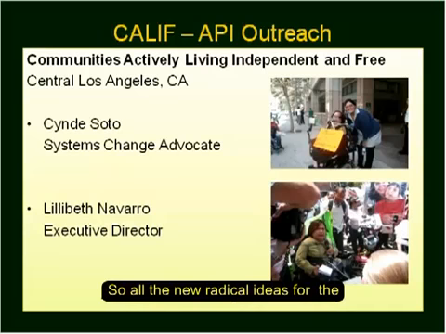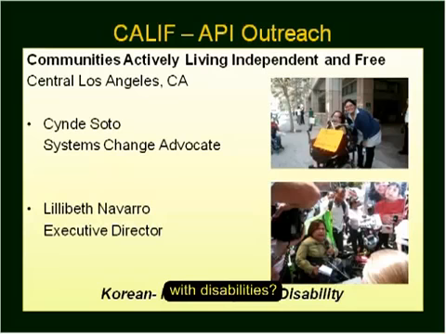So all the new radical ideas of the disability movement, I learned from the American disability history, and I was very lucky to have been under the tutelage of Paul Longmore and Harlan Hahn and all that.